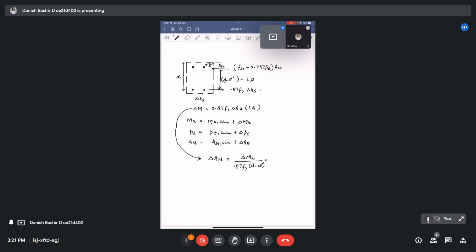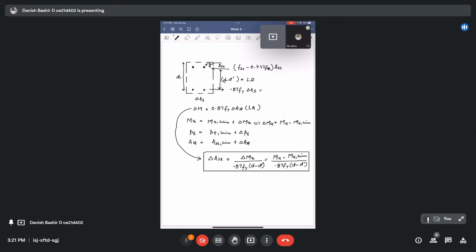Now see this delta Mu, which from this equation will be Mu minus Mu limiting. So delta AST is Mu minus Mu limiting divided by 0.87 Fy into D minus D dash. So this is one of the formulas for calculating the additional steel that we need to provide for making it a doubly reinforced section.